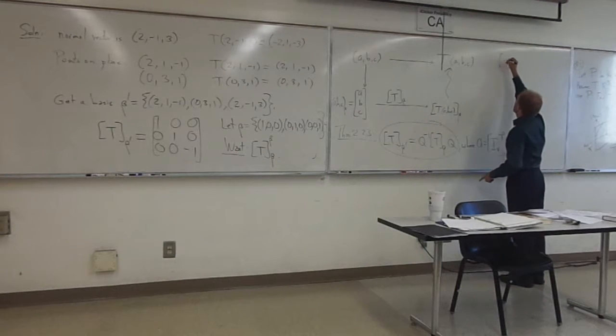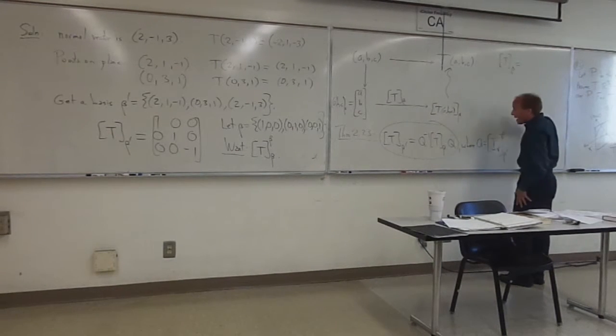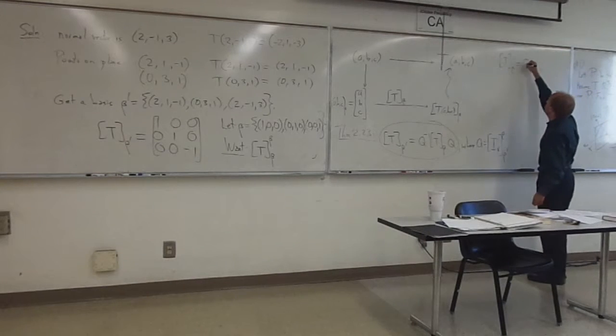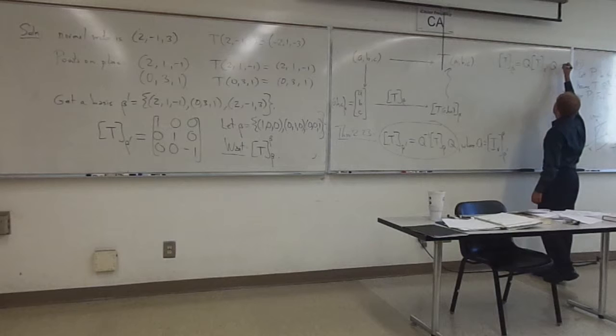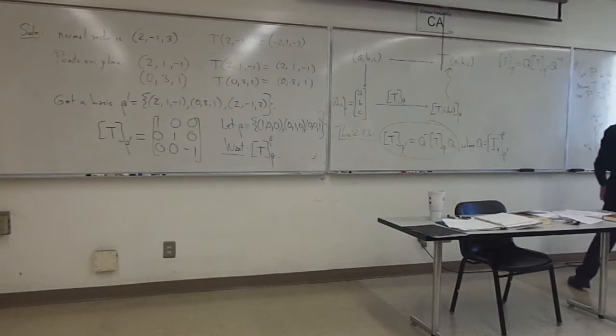T with respect to beta is going to have the Q on the left side, then T with respect to beta prime, and then Q inverse, just the way I've set it up here. It's really not a big deal though.